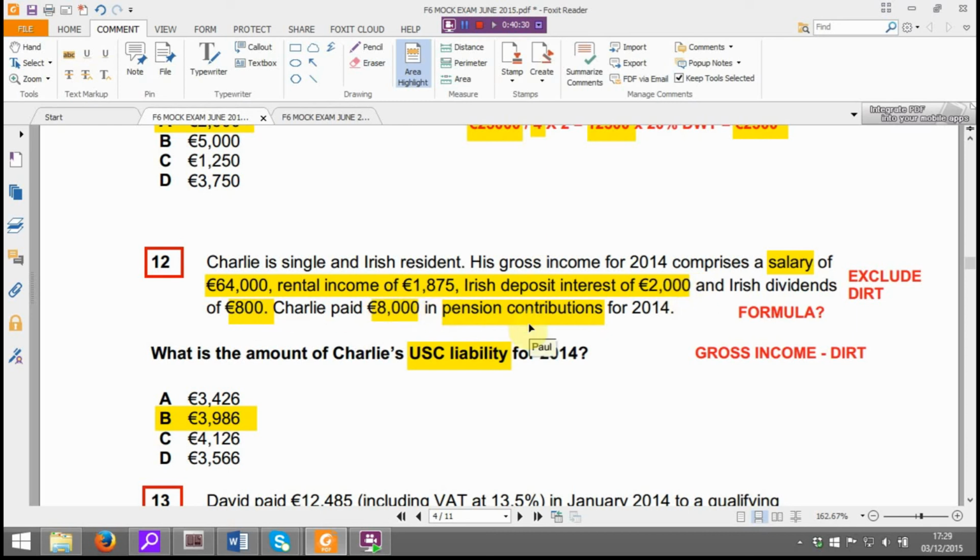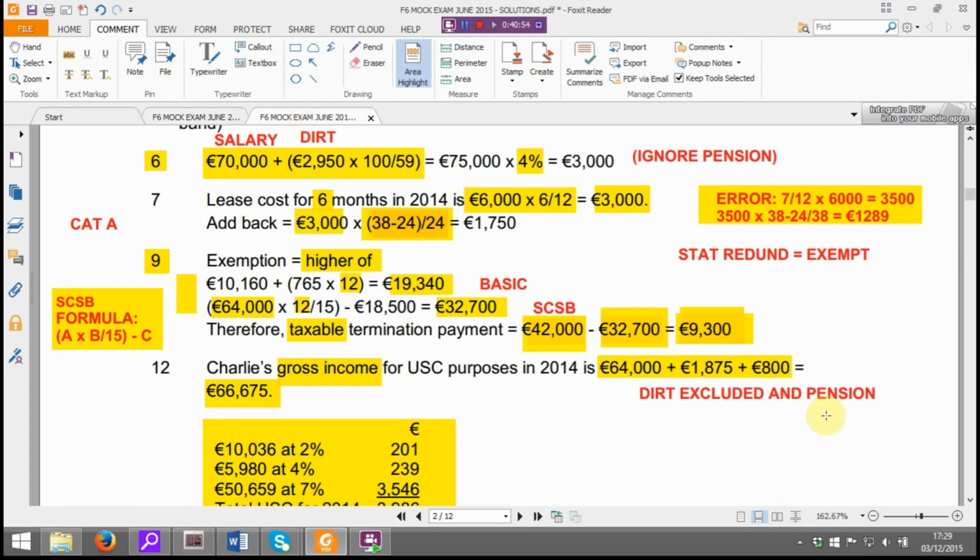Now, the key trick with USC as opposed to PRSI is that DIRT income, or the deposit interest, is not included. In other words, it's not included in the calculation. And in addition to that, pension contributions are not deductible, not for USC purposes or for PRSI. So, we'll see from the answer, I believe there is an answer to this one.